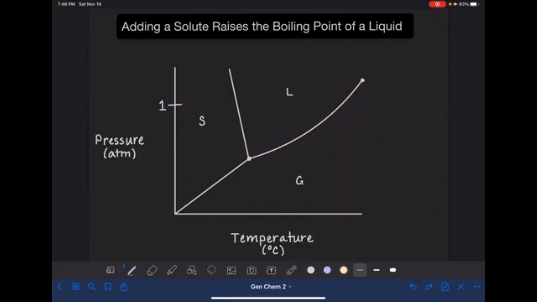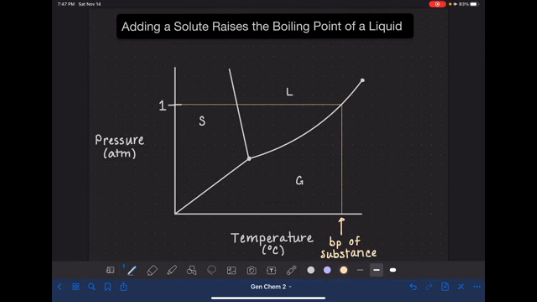Let's do that. So we're going to start at 1 atmosphere. We're going to go across the phase diagram until we reach the liquid-gas line. And then once we reach the liquid-gas line, we're going to go down and see what temperature corresponds to that particular pressure. So for this substance right here, whatever this temperature might be, this temperature is the boiling point of this particular substance.